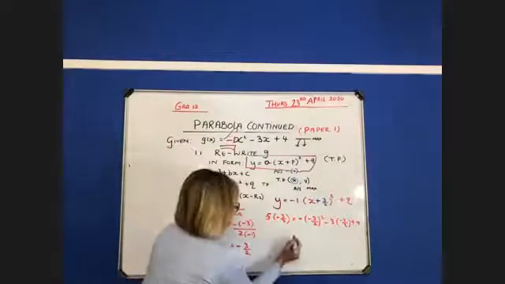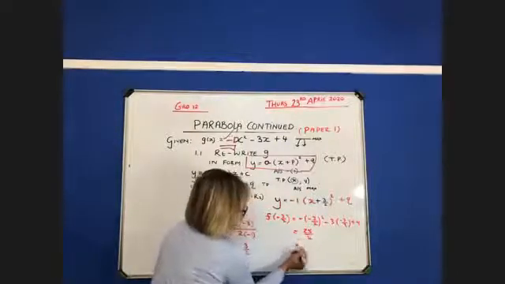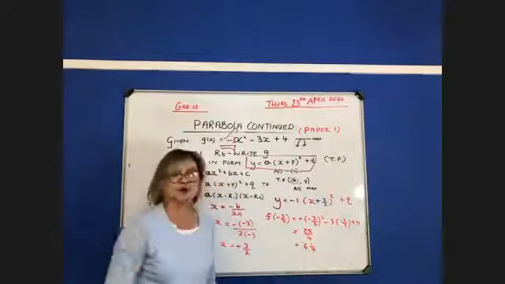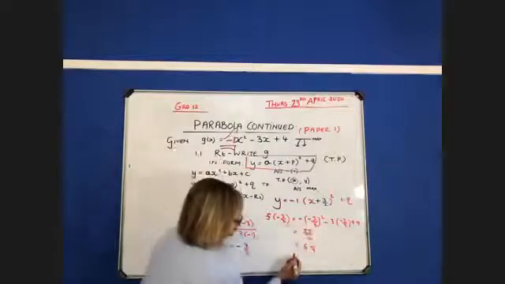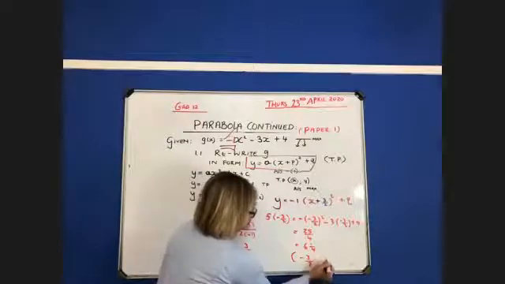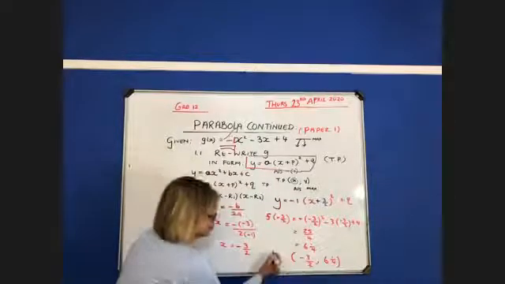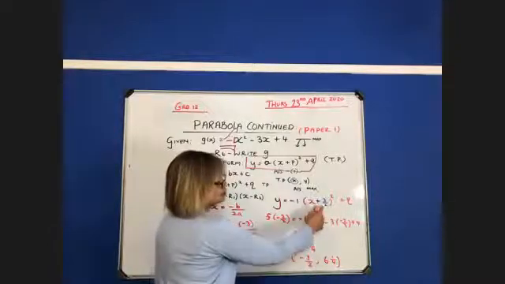And I'm going to get the answer of 25 over 4, which just for interest is 6 1/4. Now we don't mind if you work with improper fractions, but this is the y value for the turning point. So the x value was minus 3 over 2. The y value for the turning point is 6 1/4, or we could say 25 over 4. So the axis of symmetry, we put in the bracket with the reverse sign.